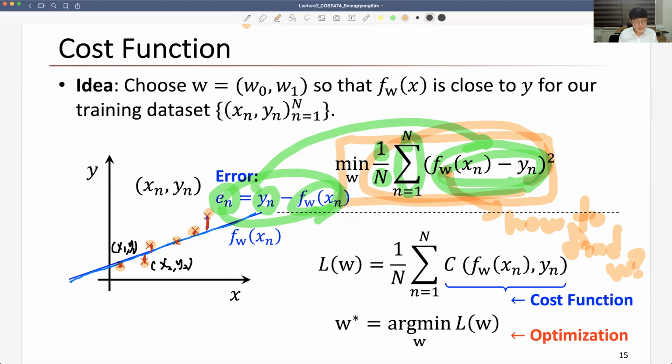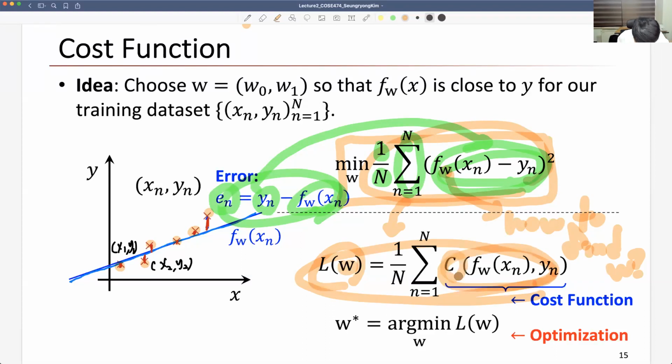So actually, we can generalize this equation as something like this. We can introduce L of W, the function of the learnable parameter W. Then we can define the cost function here.